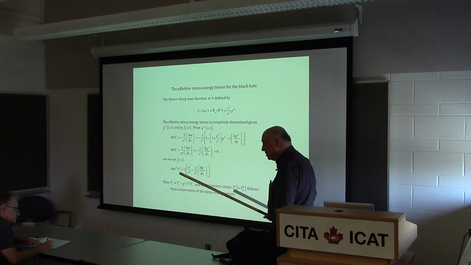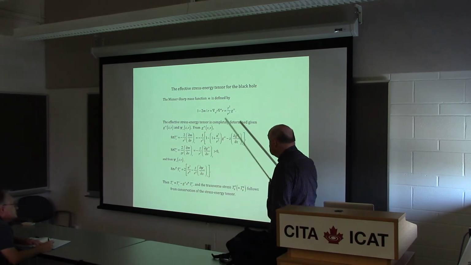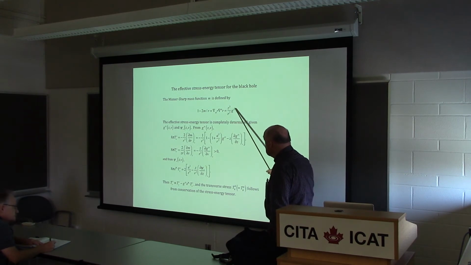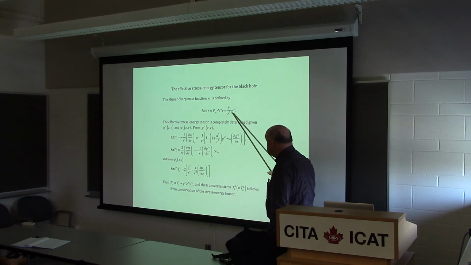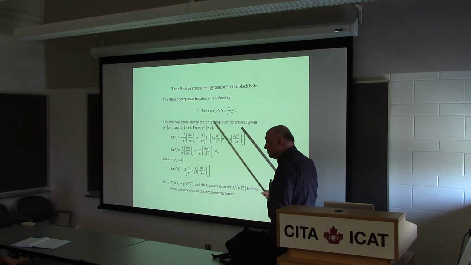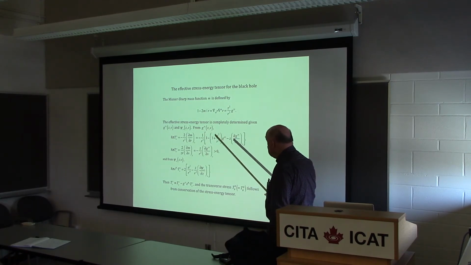In terms of g^ZZ, it's just this. It's mainly determined by g^ZZ. Z squared over R squared goes to a constant once you get away from that transition region.